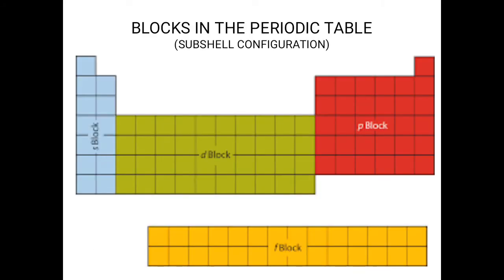Now there is one more way we can study them: if we divide and classify the elements in the whole periodic table on the basis of subshell configuration. The subshells were explained in chapter number 2, where we studied electronic configuration.